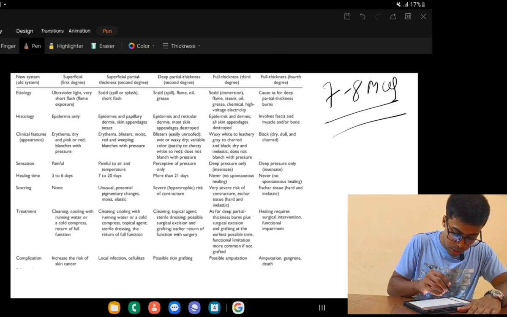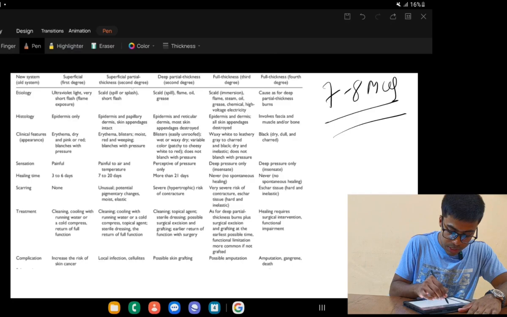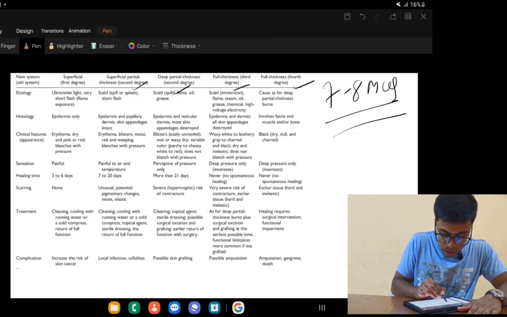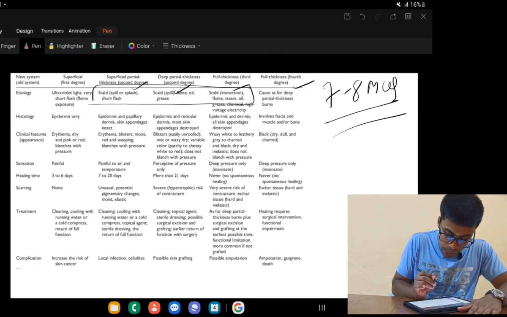So for burns, there are 1, 2, 3, 4, 5 types of burns. We have superficial, that is first degree, superficial partial thickness second degree, deep partial thickness, full thickness third degree, and full thickness fourth degree. So you have to see the commonness, that is scald will be seen in second degree and third degree burn. This scald thing, short flash, and depending on that you have to segregate it.